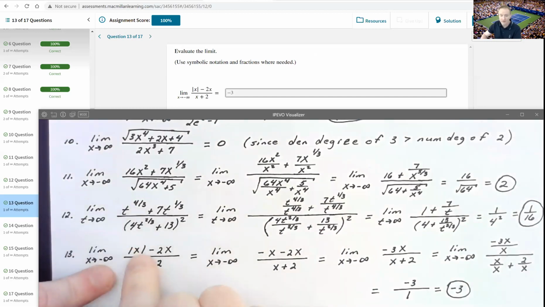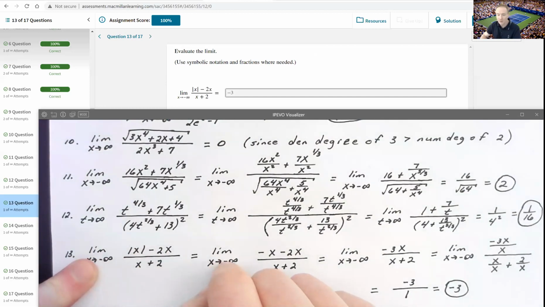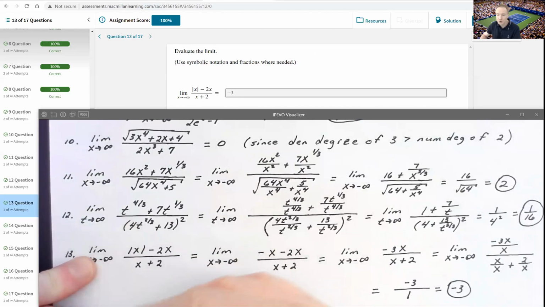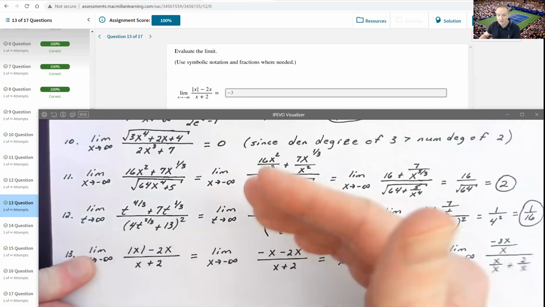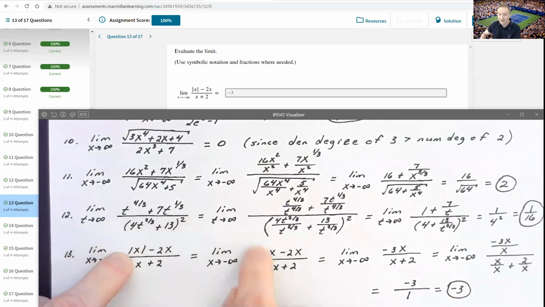That's all I've done here. I said, since I'm going off towards negative infinity, that absolute value of x is always going to act as the negative of x. Like if I say, hey guys, what's the absolute value of -5? You'd say 5. Why? Because you know the absolute value is going to change the sign and make it positive. The only way that it can change the sign is if it's the negative of the function anytime x is negative.